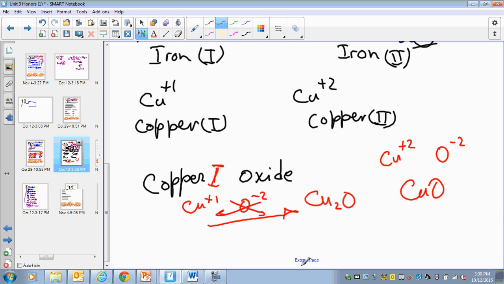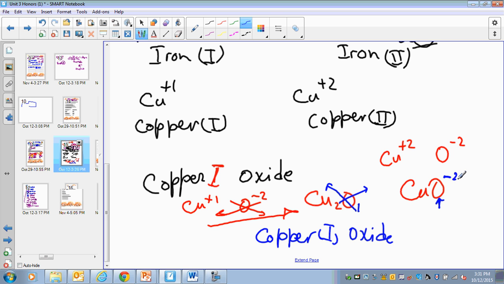Because if I have to name it, I need to know that this is copper, and then there is 1. That means this 1 is coming from copper because this 2 is coming from oxygen. So it is copper 1 oxide. If you just say copper oxide, it will be a wrong answer. And here you don't see any number, so you have to find out what is the charge of the anion.